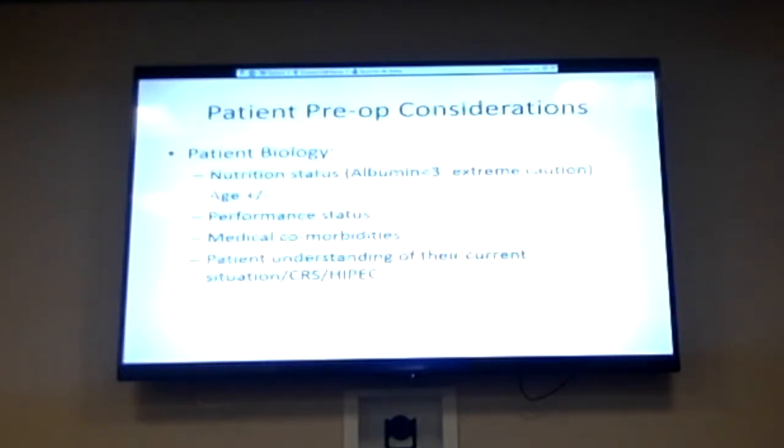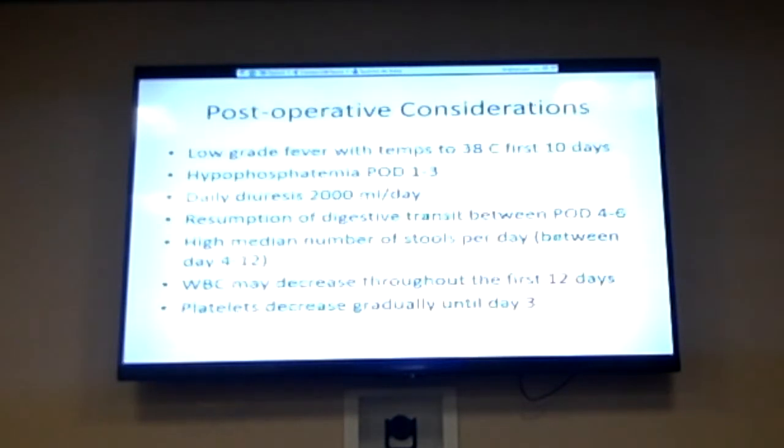Also performance status, the comorbidities, and their understanding of their current situation, what cytoreduction HIPEC is and what it will achieve for them. That's what Dr. Fournier was talking about earlier, about having those discussions ahead of time with the patient about expectations. They all pretty much come in thinking that HIPEC is a magic wand that's going to fix everything, and you just have to be very clear to them what you can expect to gain by doing this, because it's a pretty morbid operation with a long recovery back to baseline.